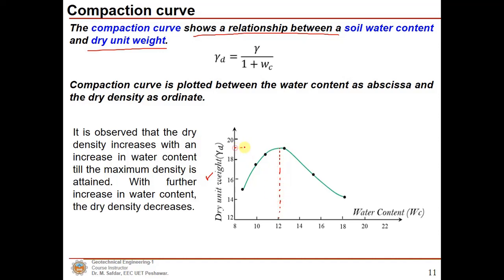We need to find out the maximum dry unit weight, gamma d max, and this is the optimum moisture content, or the water content at which the maximum dry unit weight is obtained. And this one point here shows one test, standard Proctor test or modified Proctor test.